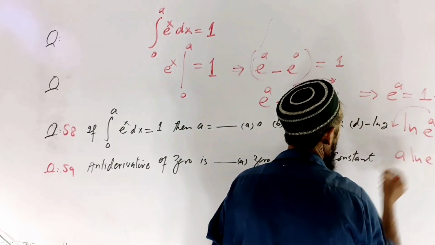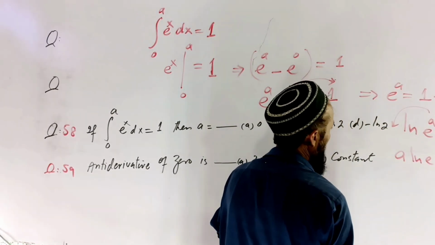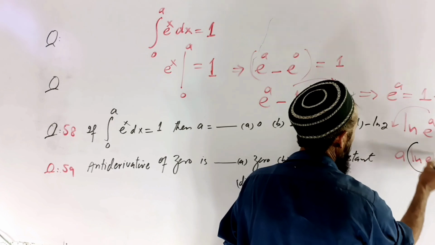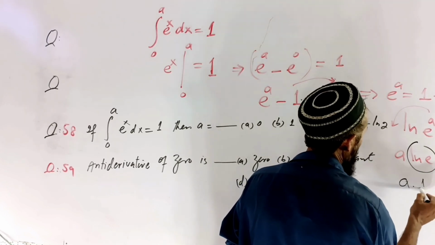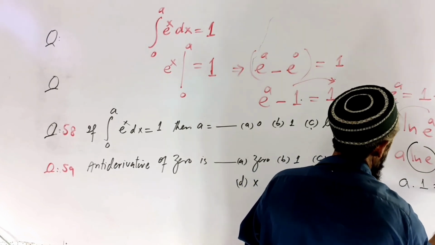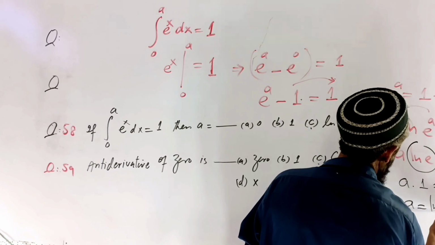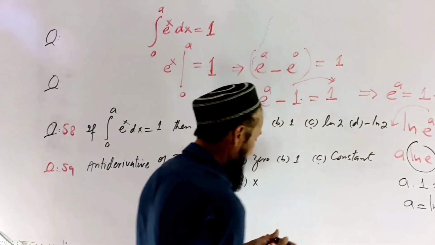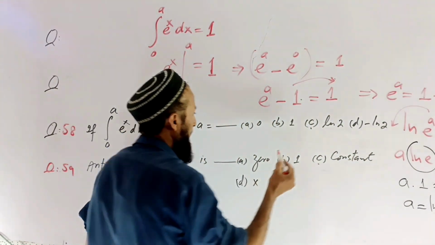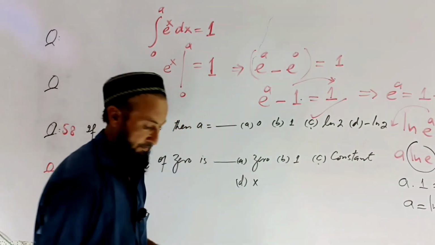We know that log of e is equal to 1, so a is equal to log of 2. Now a is equal to log of 2, which is the correct answer. Option C is the correct option.